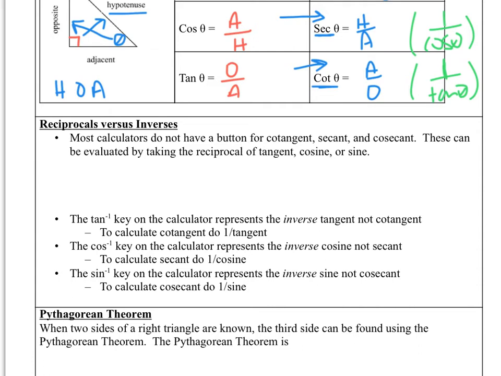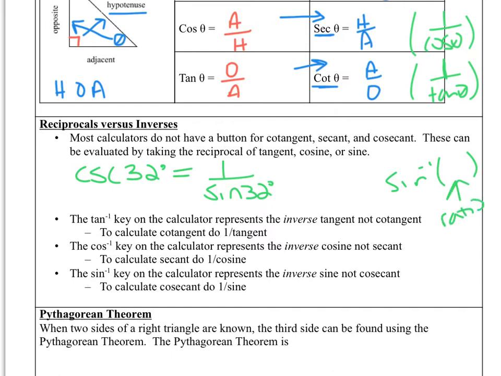So if I want to find something about like cosecant of 32 degrees, I would have to do 1 over sine of 32 degrees. So this is different than doing inverse sine. So when I do inverse sine, what's in here is the ratio, and I'm equaling an angle. So we have to keep the difference between the inverse of sine and the reciprocal of sine.